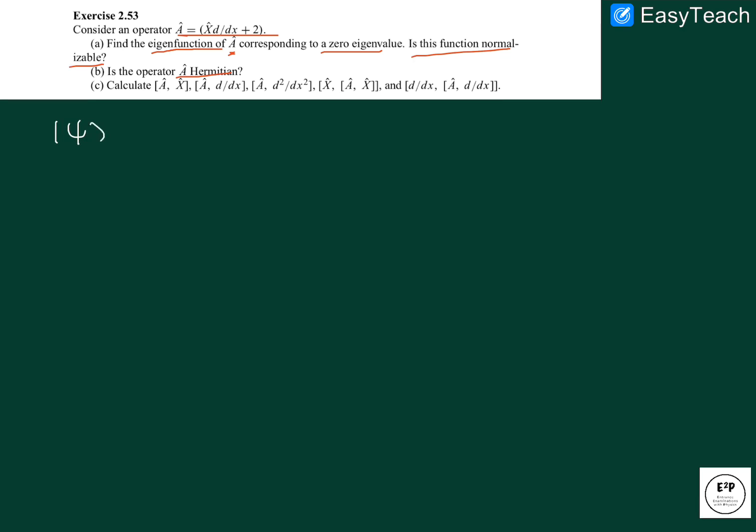Let's say psi is that particular eigenfunction which gives us the 0 eigenvalue. So we can write it as A cap working on psi gives us 0 eigenvalue into psi.